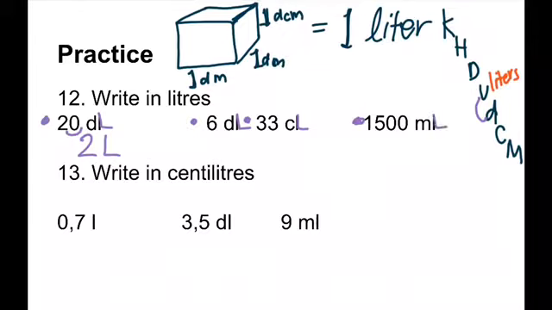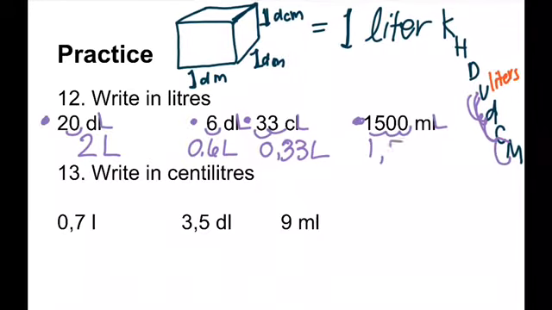Otherwise, that answer would look like a 21. Then move it over once here, so 0.6 liters. 33, move it over twice, so 0.33 liters. And then milliliters, 1, 2, 3 times, so 1.5 liters.